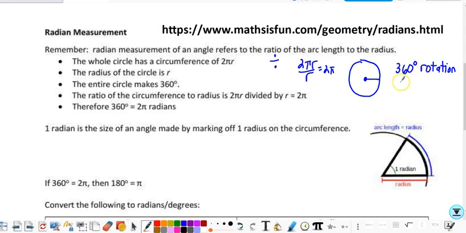So 360 degrees equals 2 pi radians, which is why 180 degrees equals pi radians. I could divide both by 2 and get the same conversion of 180 degrees equals pi radians.